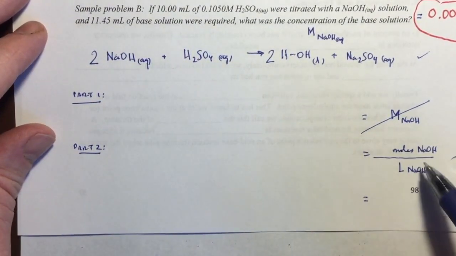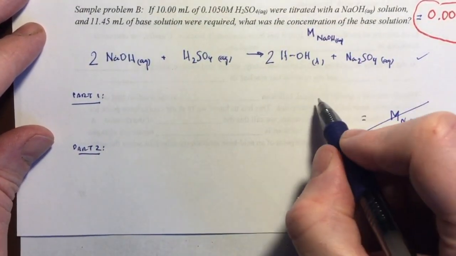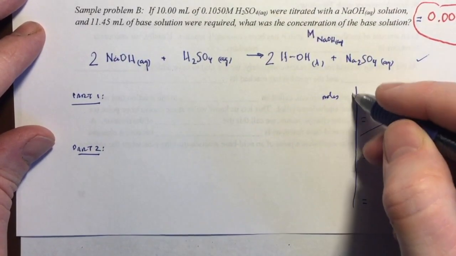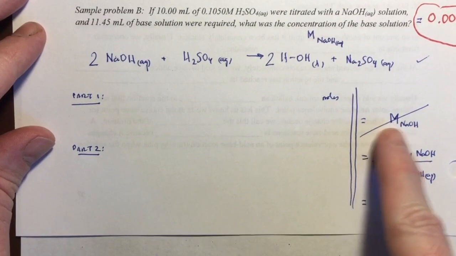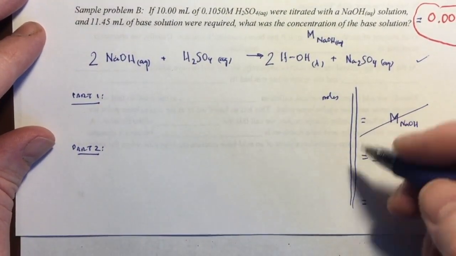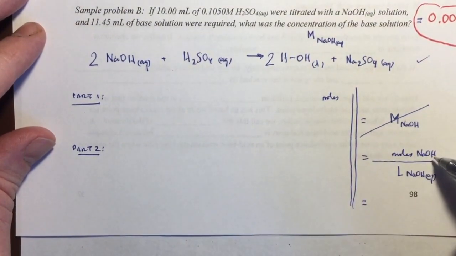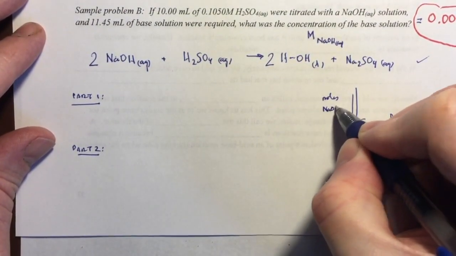Part 1, I need to figure out the moles of the sodium hydroxide. So moles, I'm just going to make a little bar there so that I know that this is not part of that calculation. I'm just drawing these lines here. So the goal of this calculation must be to get to the moles of the sodium hydroxide.